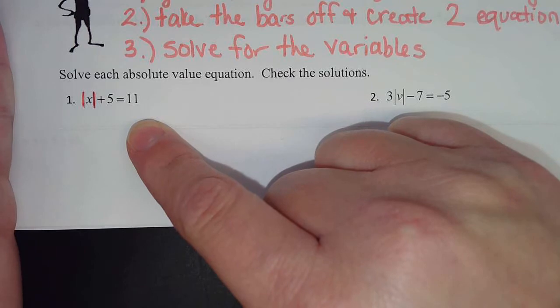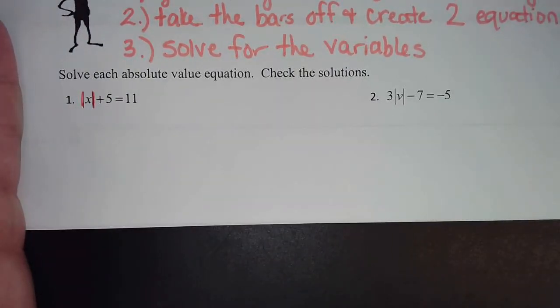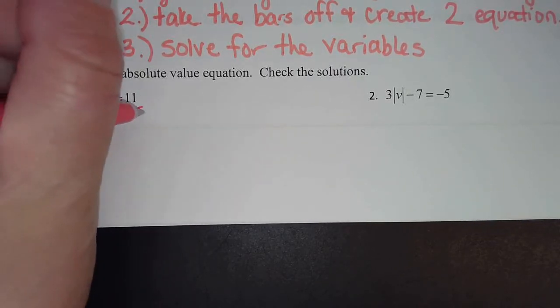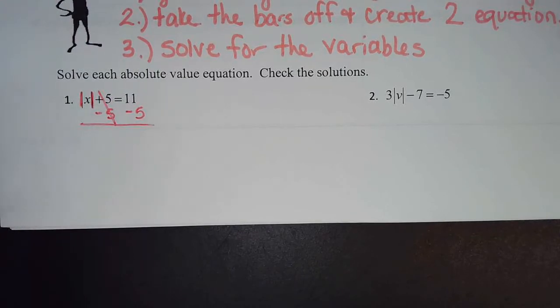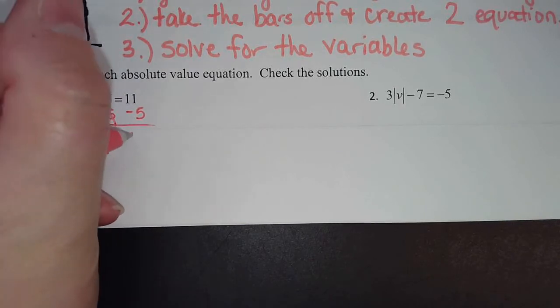So we need to get the bars by themselves on the left side of the equal sign by doing what? Perfect. You're going to subtract 5. So you're going to use those same solving skills. Once you subtract 5, we are left with the absolute value of x equals 6.